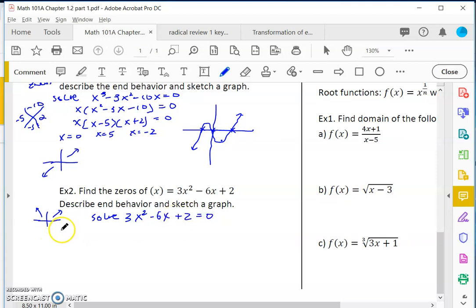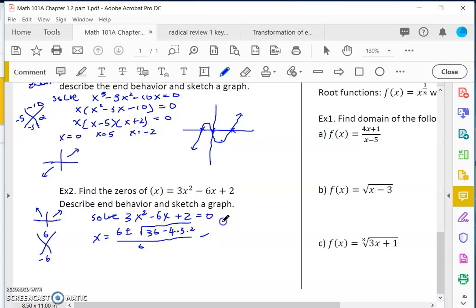And this obviously cannot be factored, because there's no way you can find two numbers that multiply to 6 but add to negative 6. So it is not factorable. So we have to use the quadratic formula. The quadratic formula is x equal to negative b, so in this case 6, plus or minus the square root of b squared, which is 36, minus 4 times a times c, 3 times 2, all over 2a, which is 6.